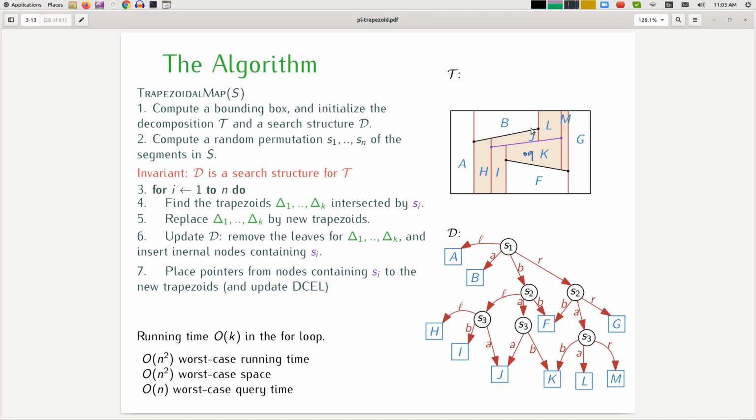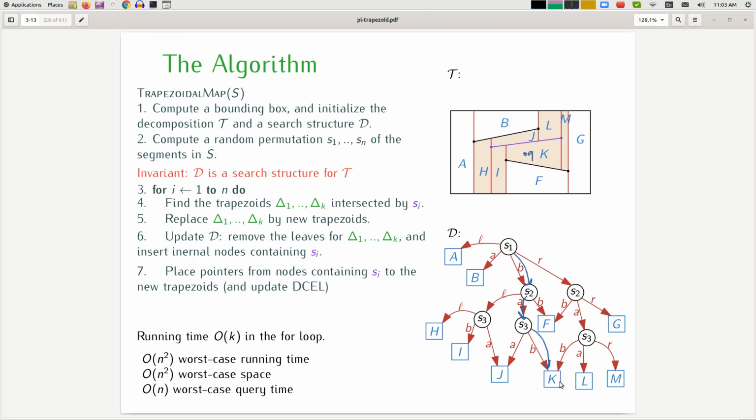Because you compare with S1, it is below, so you follow this node for this fixed query. Then you compare with S2, it is above, so you follow the above pointer of the second segment. Then you compare with S3, this is below, and it takes you to region K. You pass through 1, 2, 3 internal nodes, and you end up in a leaf, so we can say the query time is 4.